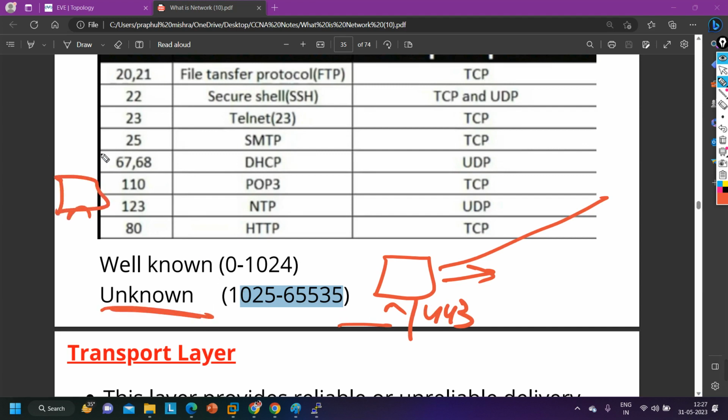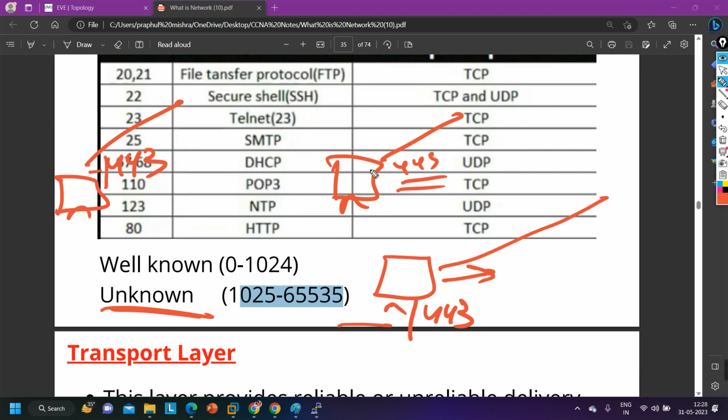See, from your computer, if you are sending a request to the Google server, then also the destination port will be 443 and the source will be any. When Abdul sends traffic to Google, then also the destination port will be 443. So it doesn't matter from where you are sending a request to the Google server, the destination port will always be 443.